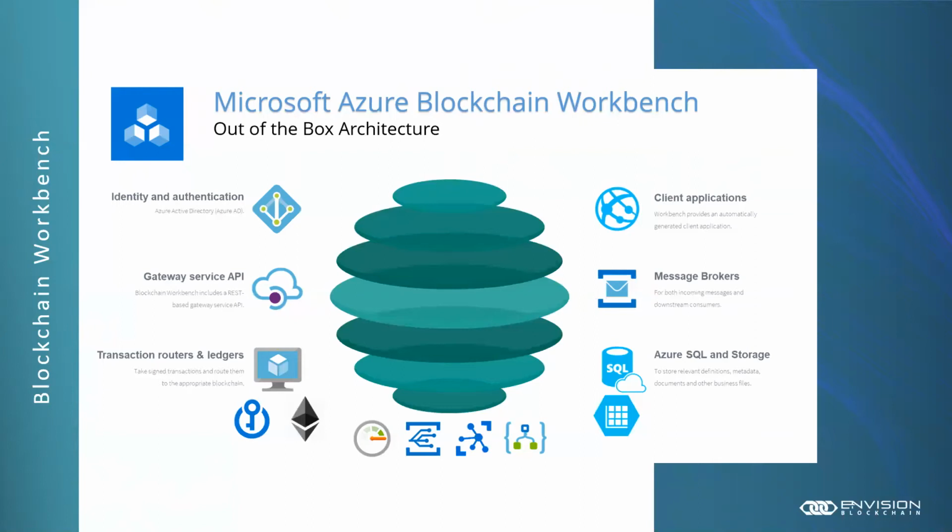But if you take a look at it, starting at the left, we have identity and authentication. I don't know if anyone on this presentation has ever interacted with a blockchain network before. I particularly got into this by buying Bitcoin back in 2016.